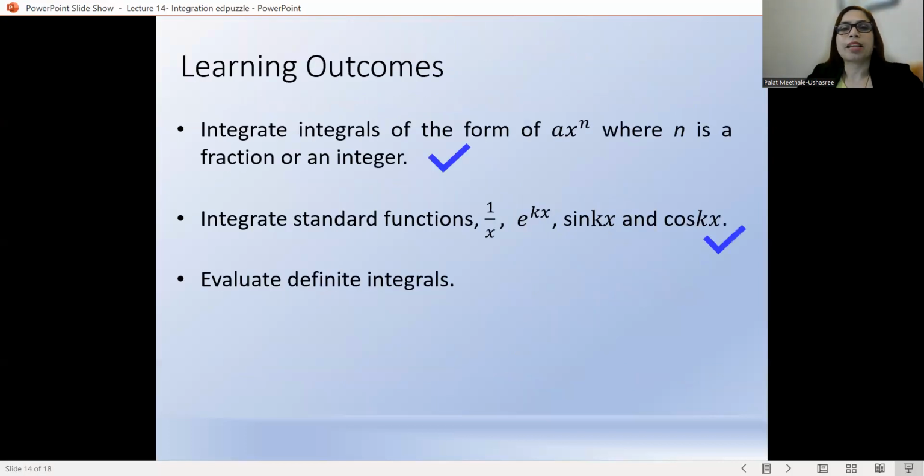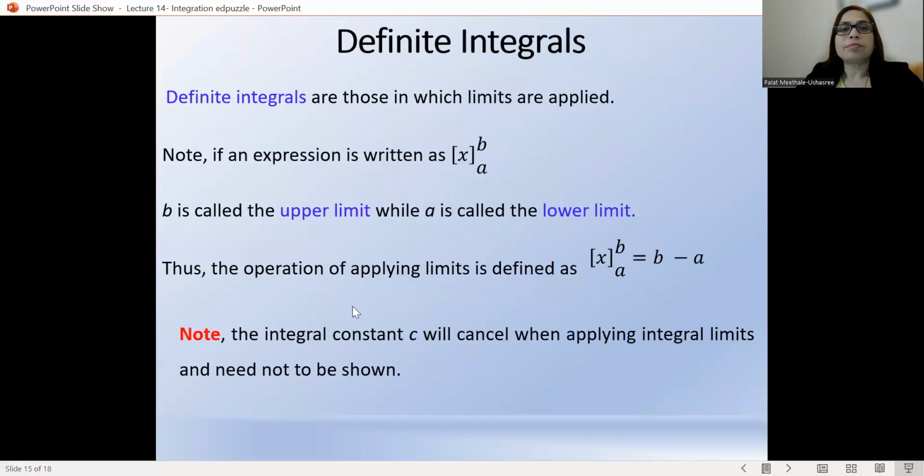Okay. So now let's see how to evaluate definite integrals. Definite integrals are those integrals in which limits are applied. Usually if an expression is written like this, the upper limit is b and the lower limit is a. So you're integrating from a to b. The integral constant c will cancel here because c minus c gets cancelled, as we will see now with an example.